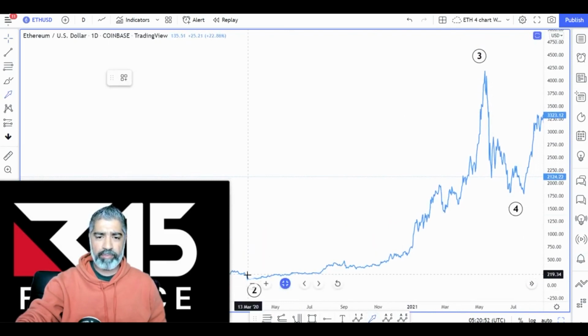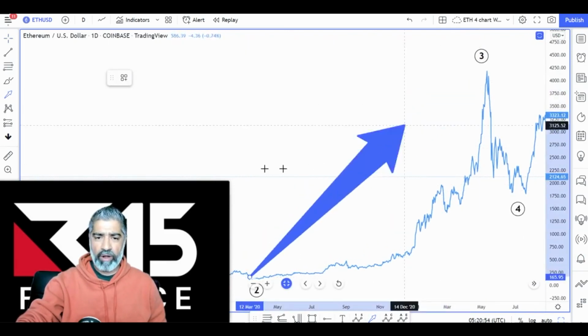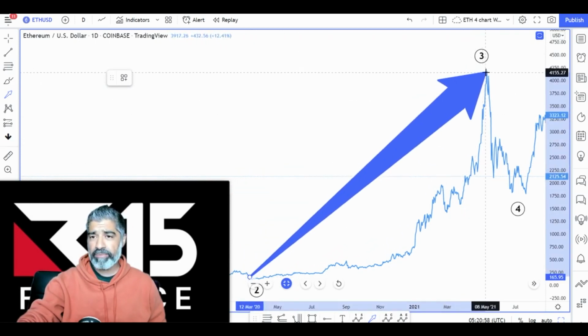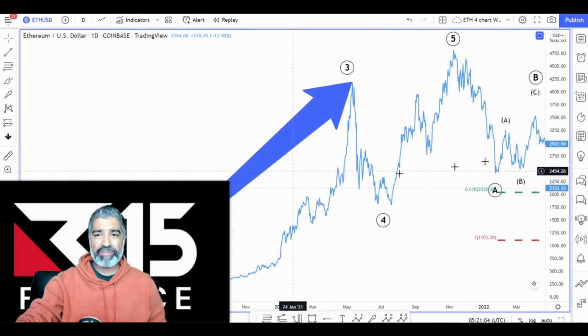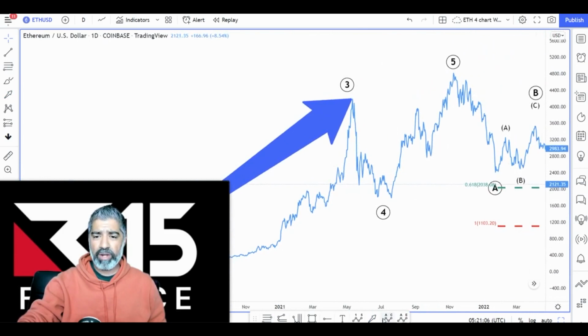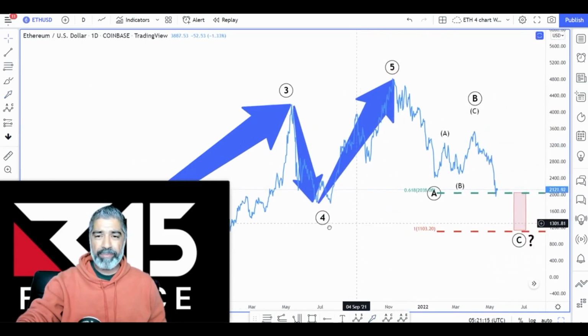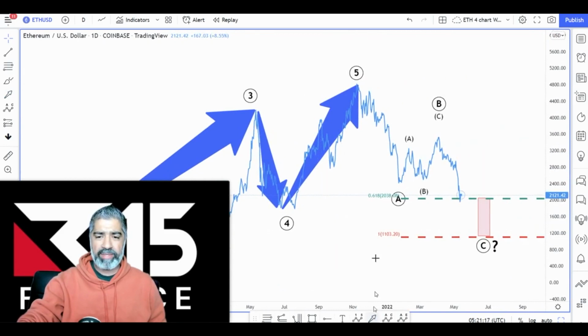Look at this nice bullish move to the upside from March 2020 to around May 2021, like a year ago. And then we've been in this corrective structure for a little while. This was a wave 4. We had a final wave 5, what looked to be a wave 5. And now we were anticipating a nice ABC correction.